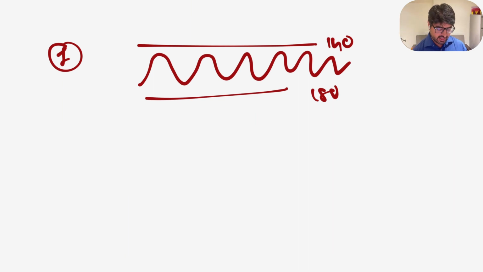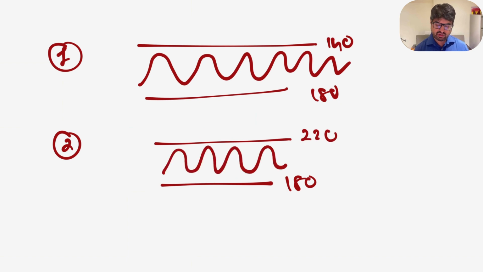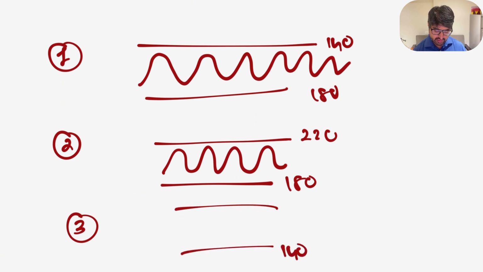The second situation is that the blood glucose is high, but in a narrow range, let's say between 180 to 220, right. Blood sugar is high, a little on the higher side, but it's still within a narrow range. The third situation is the two extremes, 140 to 220. Sometimes the blood sugar is less than 140, sometimes it is more than 220. This is how it's fluctuating.